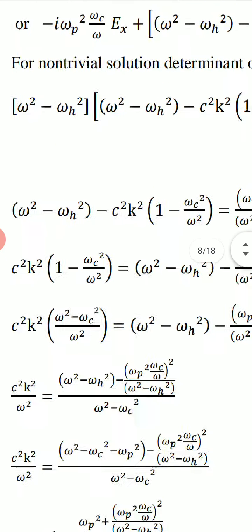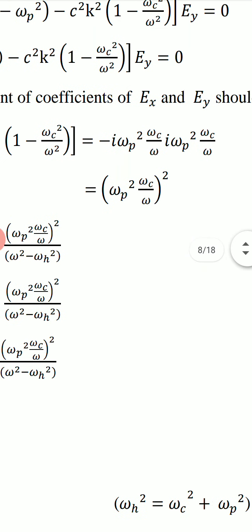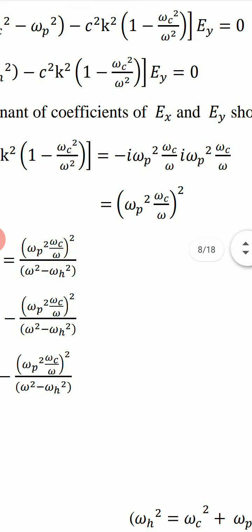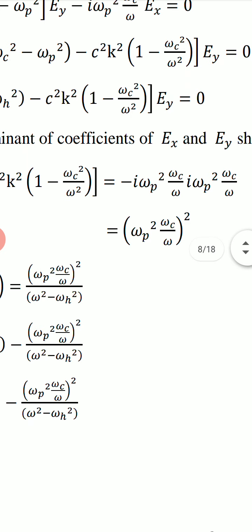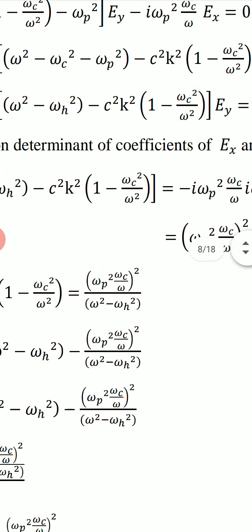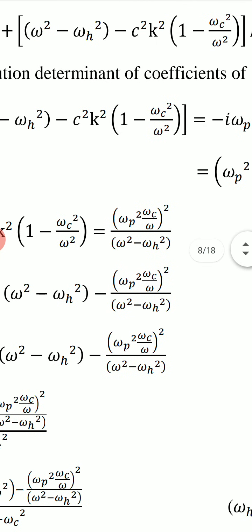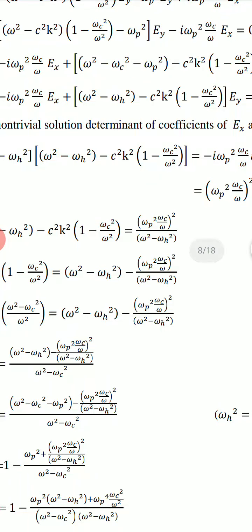For a non-trivial solution, the determinant of coefficients of Ex and Ey should vanish. So make a determinant of the coefficients of Ex and Ey of these two equations and put that equal to 0.